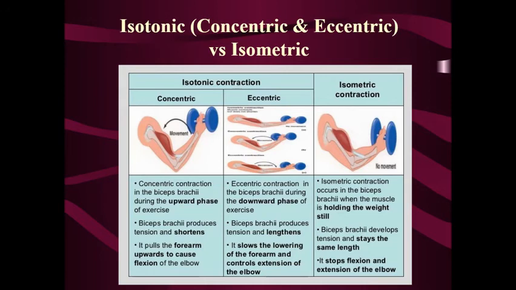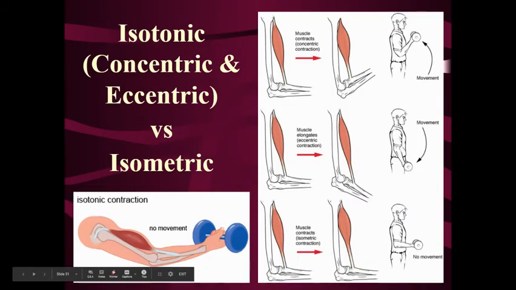Eccentric would be the downward phase because the bicep is still producing some tension while it lengthens. It slows the lowering of the forearm and controls extension of the elbow. So even though most of the contraction is with the concentric movement, the eccentric movement is still going to show some tension to help control the movement. And here's just some more examples.